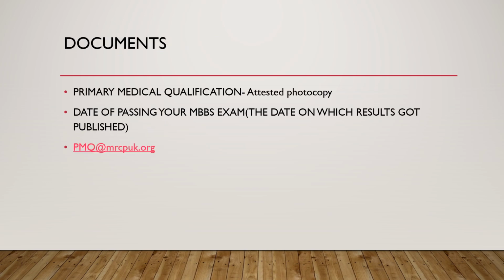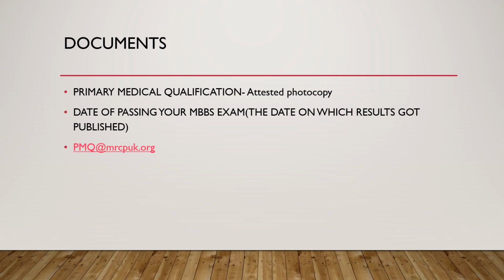Coming to the documents that you will be needing: the primary medical qualification, that is the MBBS degree. You have to get a photocopy, a color Xerox or something like that, and get it attested. During the creation of your account, they will ask about the date of passing your MBBS exam.